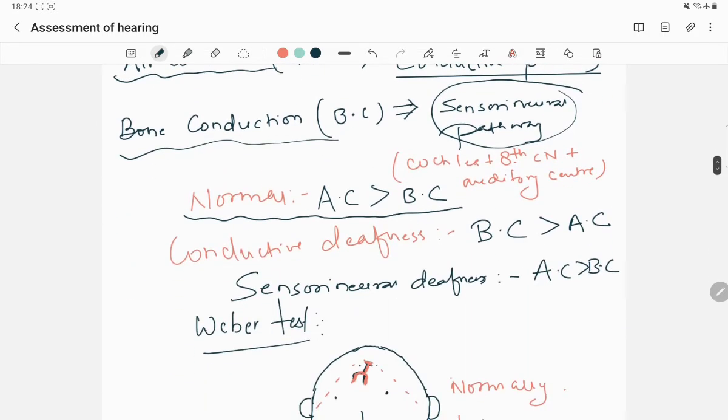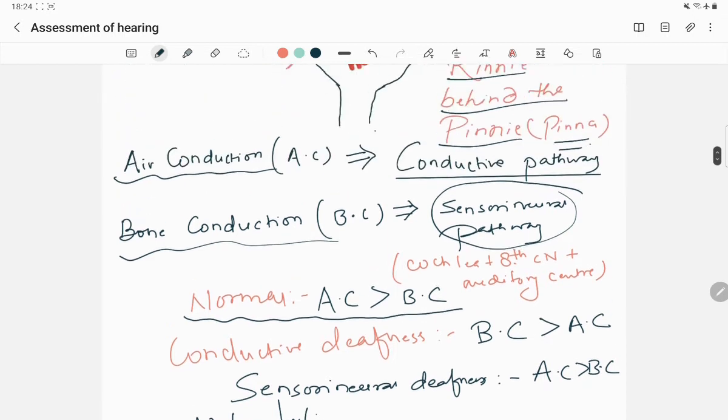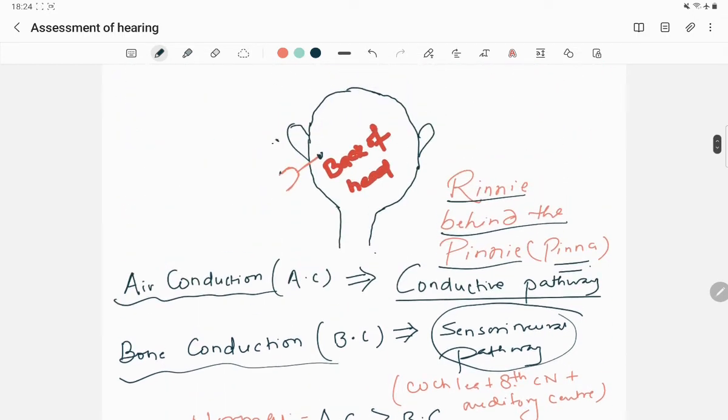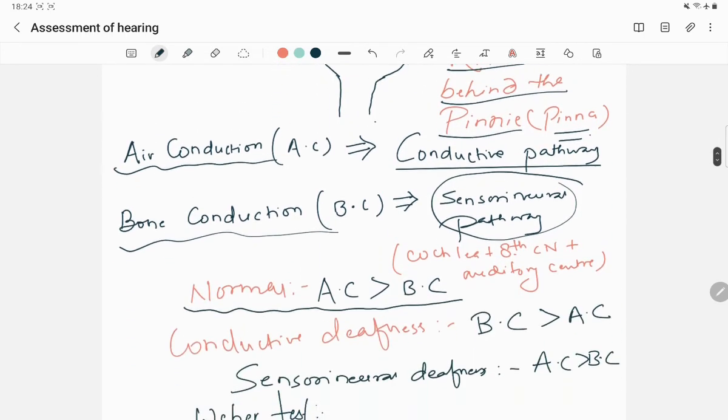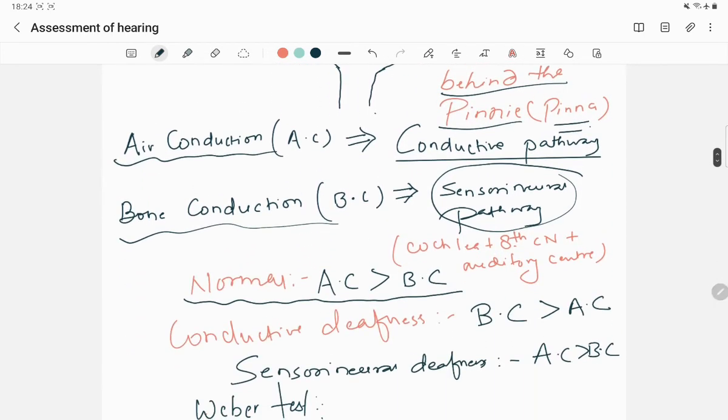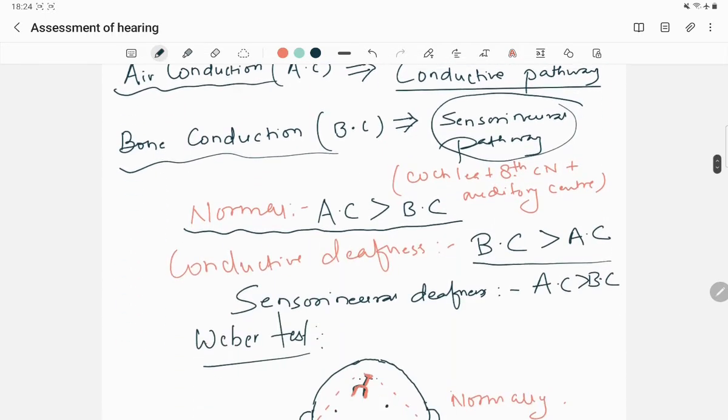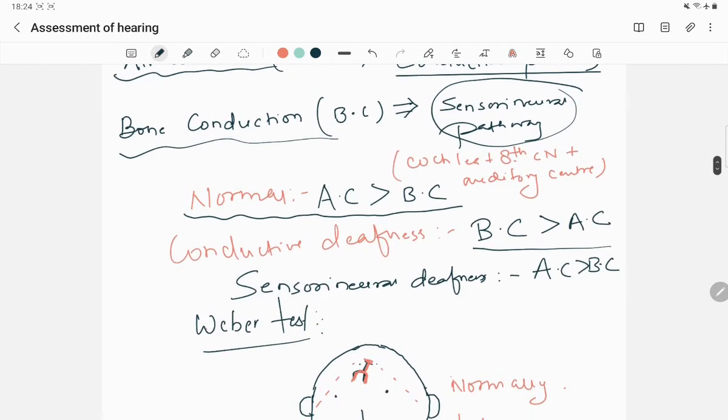But in conductive deafness, this pathway is disturbed, so bone conduction will be better than air conduction. So one more thing, just because air conduction is greater than bone conduction, it doesn't mean he is normal. There is a chance that it could be due to sensorineural deafness. We'll come into that part.